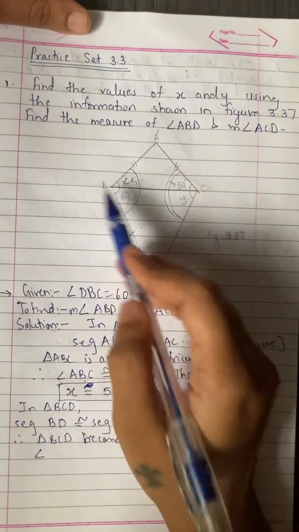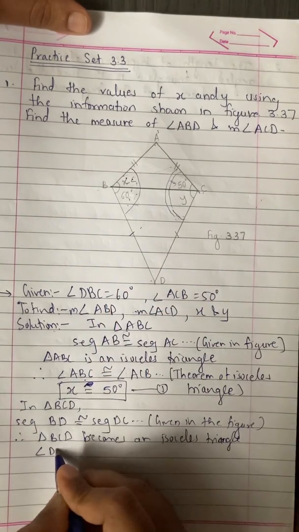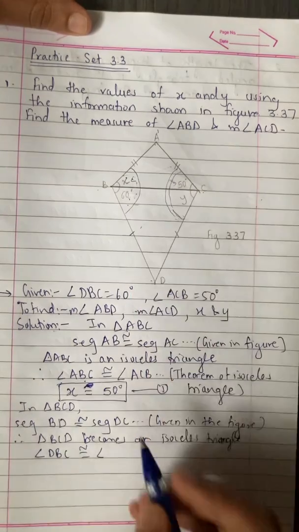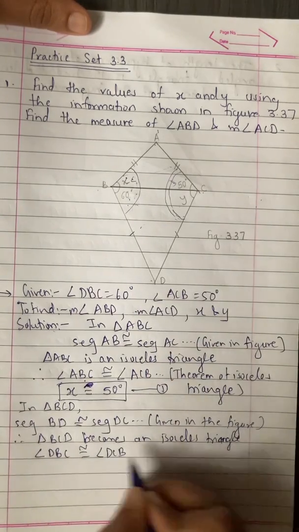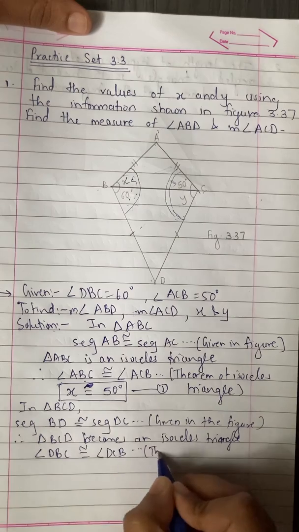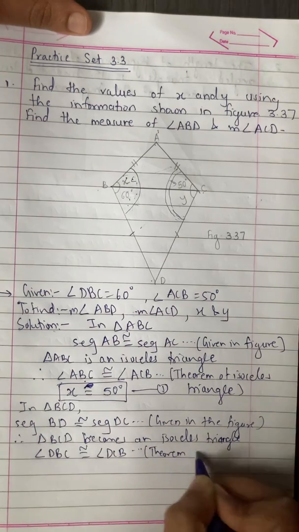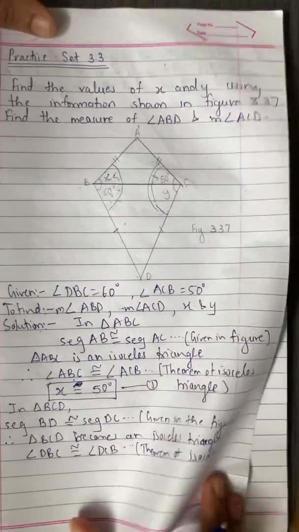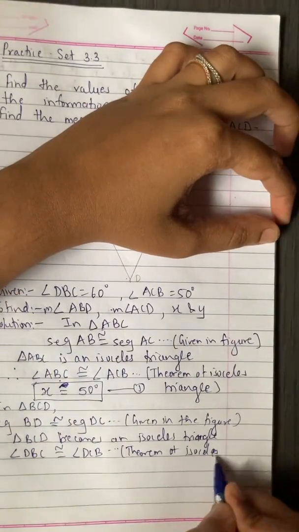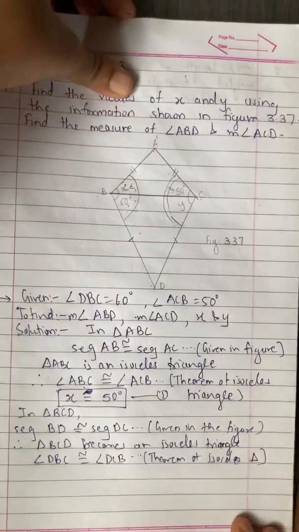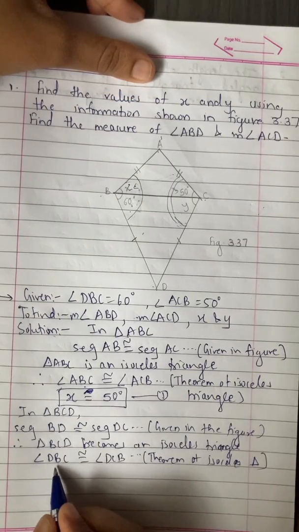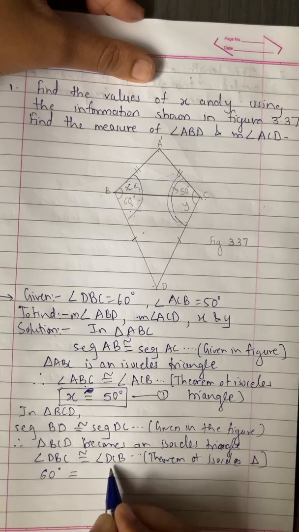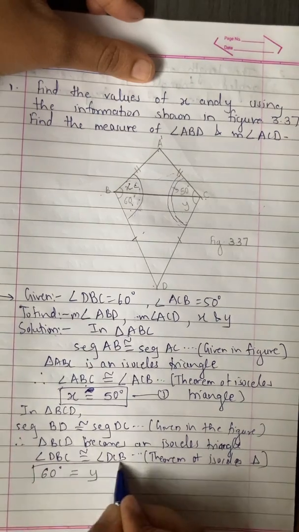Angle DBC is congruent to angle DCB. Why? Theorem of isosceles triangle. Alright, so now you can substitute the value, DBC is 60 degree is equal to DCB is y. So we get the answer of y also.